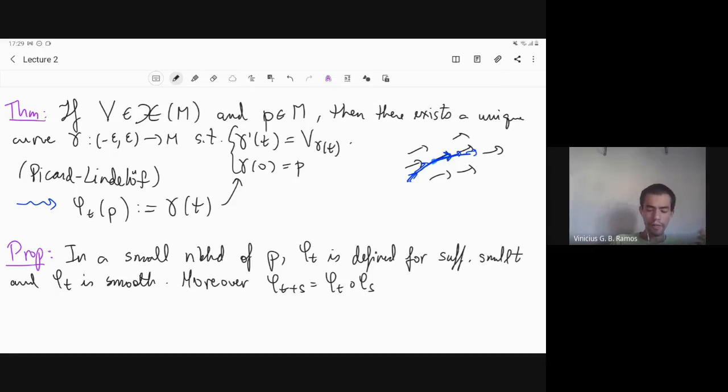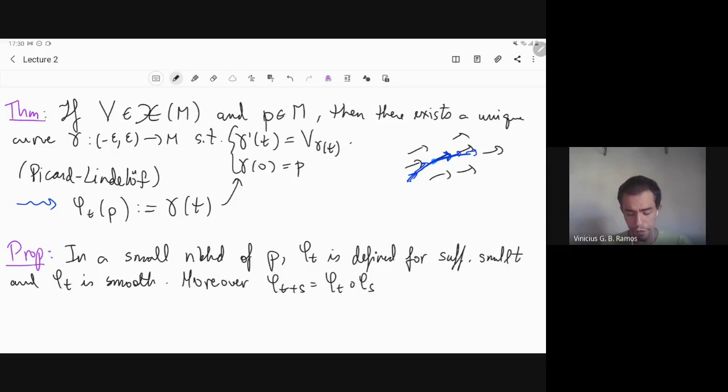So in a small enough neighborhood of p, phi t is defined for sufficiently small t. If you take a really small neighborhood of p, you can define phi t for every sufficiently small t. So there's a positive epsilon where the flow is defined for every t less than epsilon and bigger than minus epsilon, and this phi t is smooth.